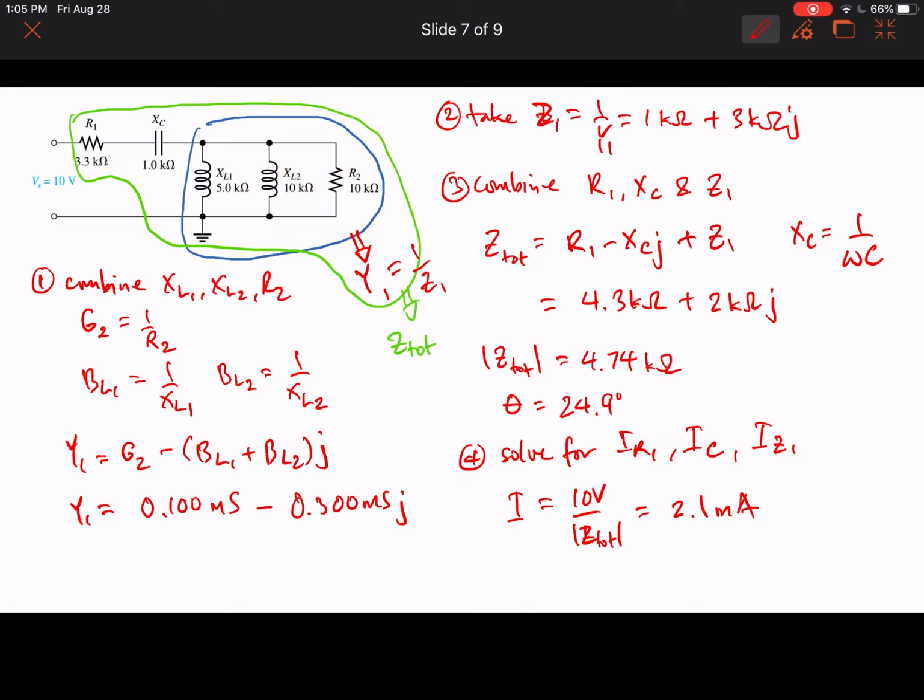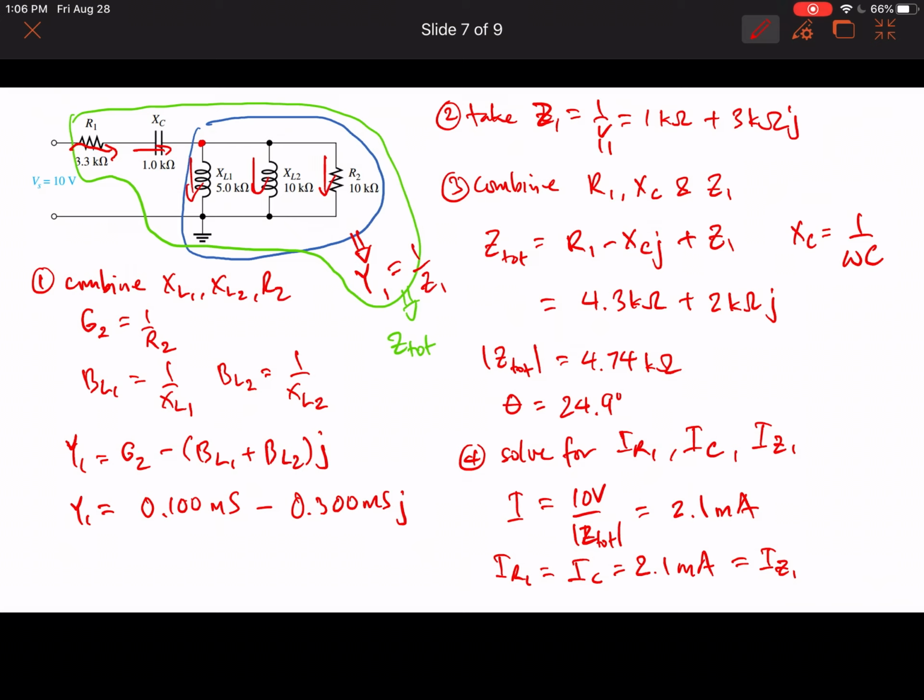Which means that the current across R1 is equal to the current across C, which is 2.1 milliamperes, and this is the current across the equivalent impedance Z1. So that's the current through here, and here just before it reaches the junction. Now that 2.1 milliamperes will be distributed along these lines, and that's what we're going to solve for next.